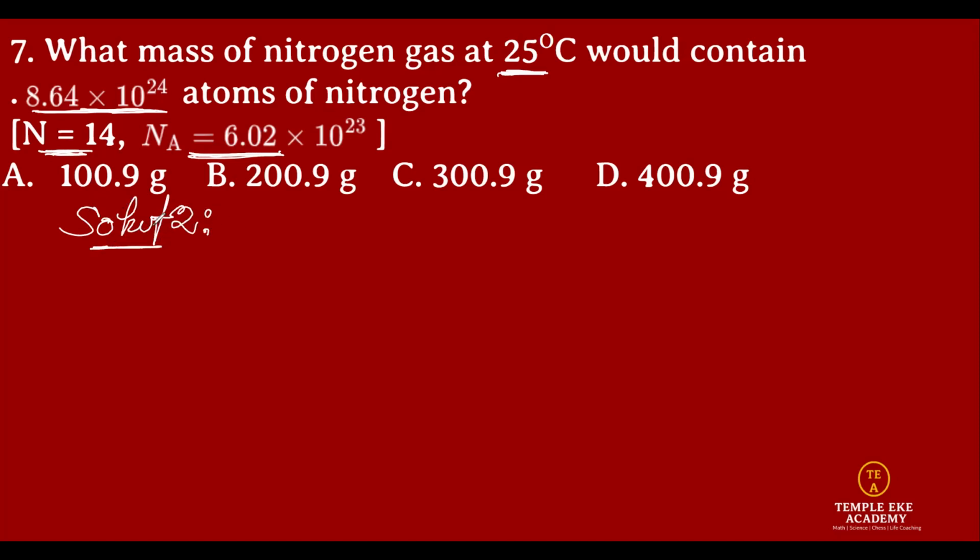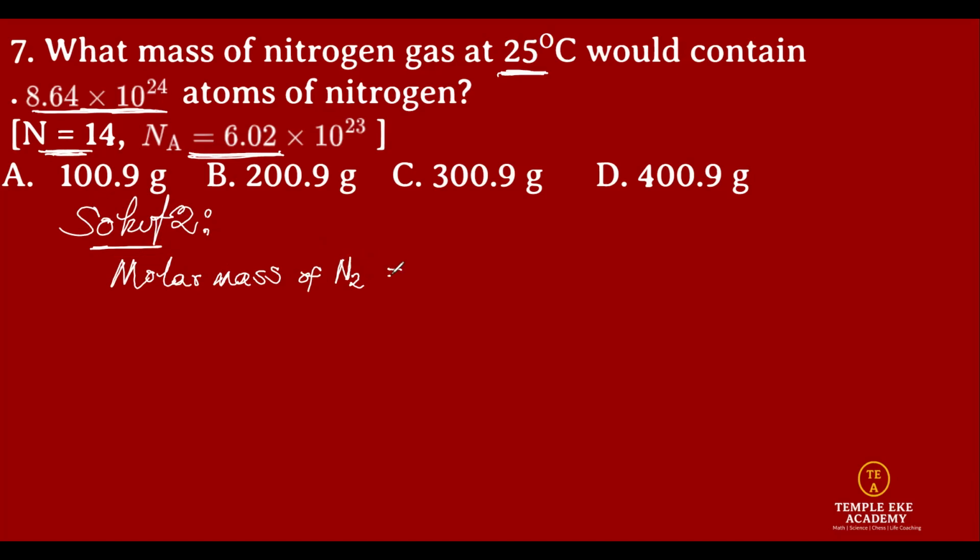First, let us establish the molar mass of nitrogen. So here we go. The molar mass of nitrogen. And of course, nitrogen is a diatomic molecule, which means one molecule of nitrogen contains 2 atoms of nitrogen.